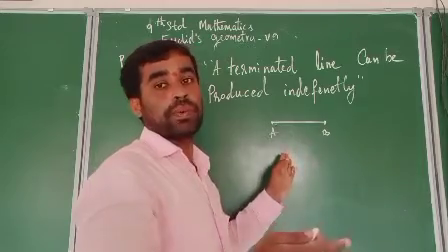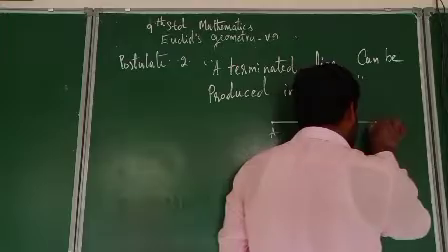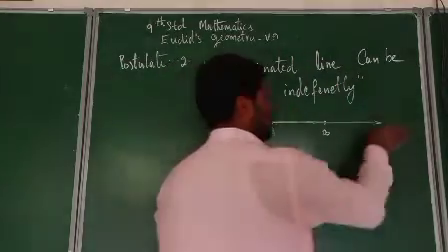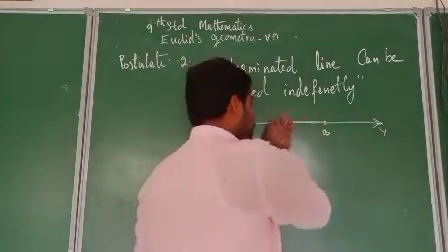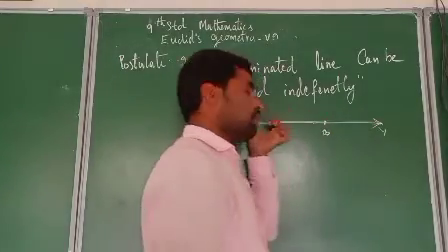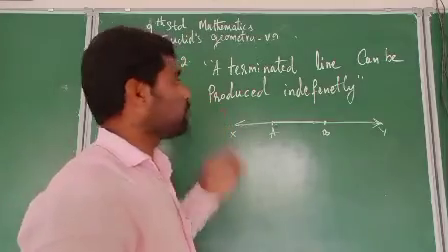The line segment is also what you call a terminated line. This terminated line we can extend in either direction. So AB is the terminated line and this line I am extending on either side. Either side means both the sides. This is the postulate 2.